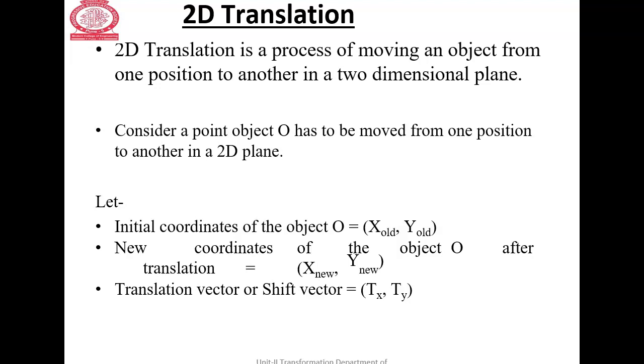The translation vector or the shift vector by which the point was translated can be specified as tx and ty. So if you want to change the x old to x new, you'll have to add tx, and you'll have to add ty to the y old to get the y new.